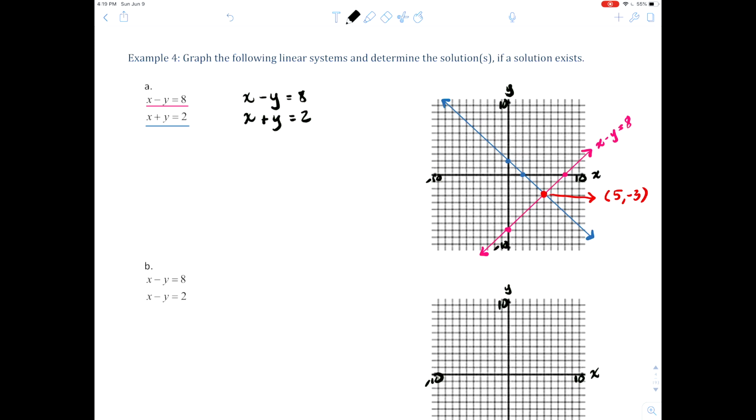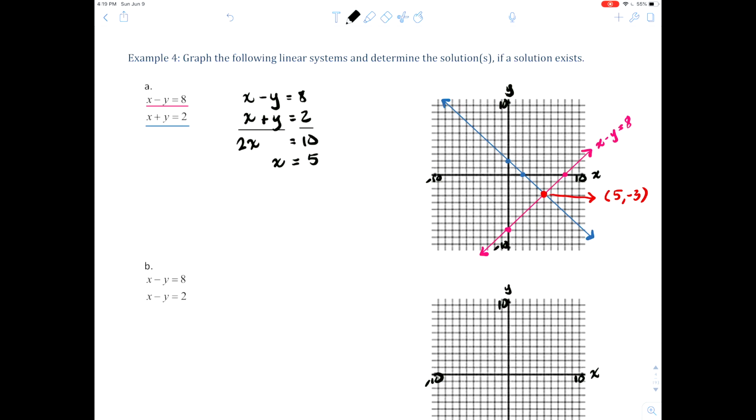And we have opposing signs already on the y's. So we can use elimination and we'd get 2x plus 0y, which is 0, equals 10. That gives us x is equal to 5.